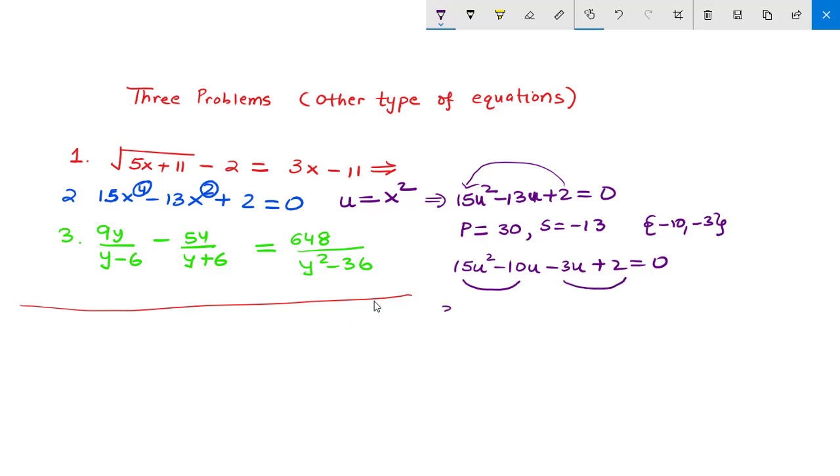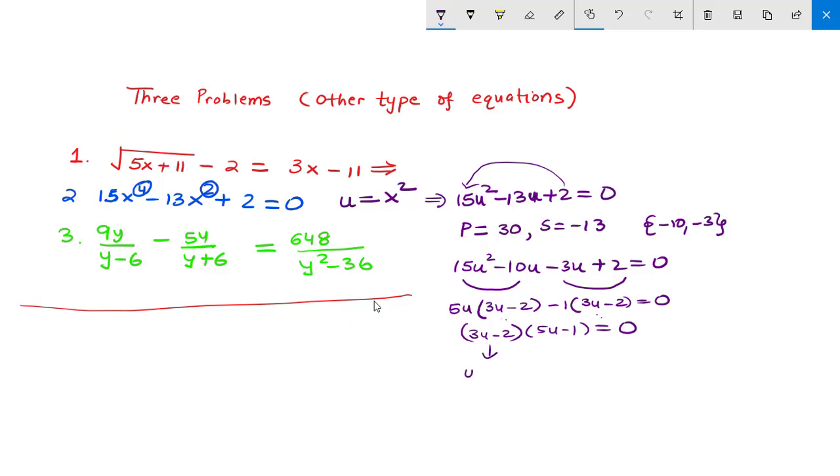From the first two terms, I'm going to factor out, actually not 3, 5u, and I'm left with 3u minus 2. From the second part, I'm going to factor out a negative 1, leaving 3u minus 2. These two must match 3u minus 2; it means you're on the right track. So 3u minus 2 and 5u minus 1 are my two factors.